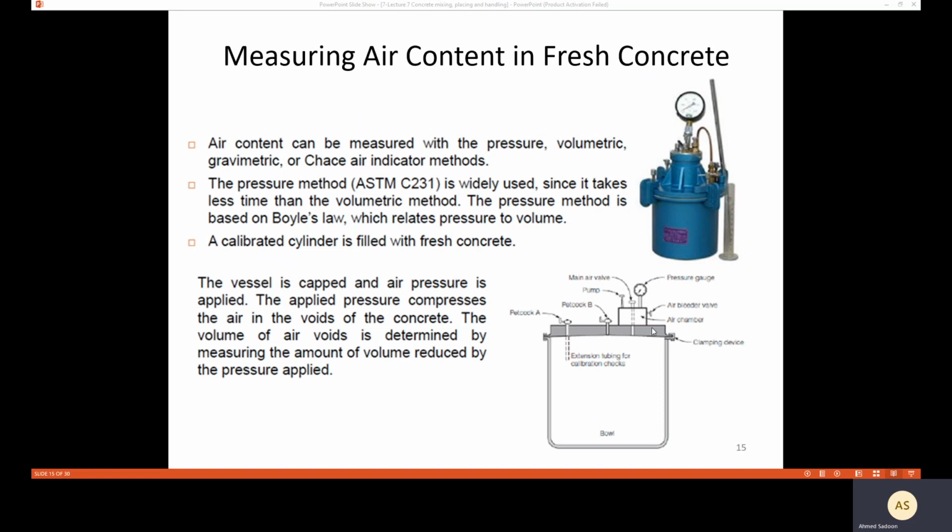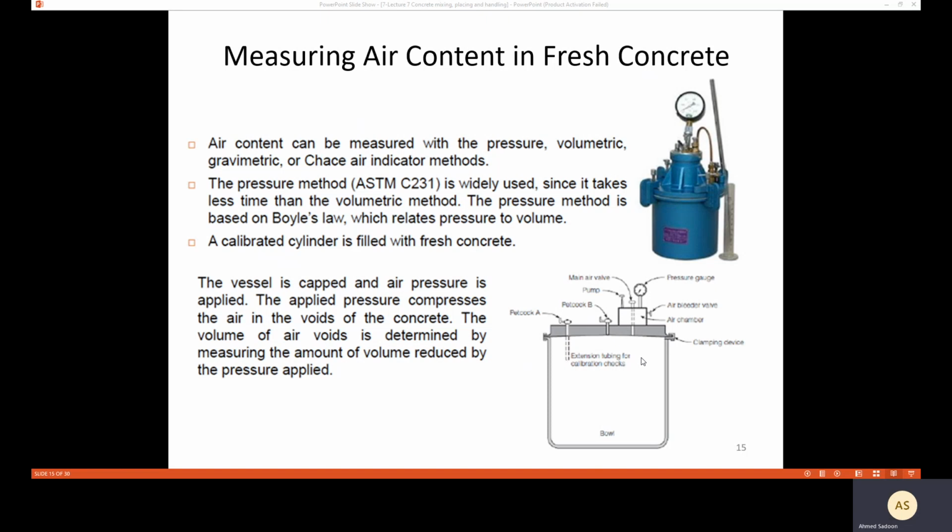We cap the cylinder with this device, and then through this device we apply a pressure to the fresh concrete.